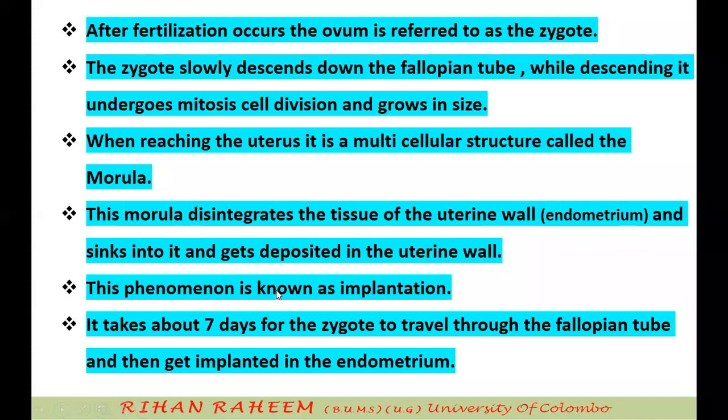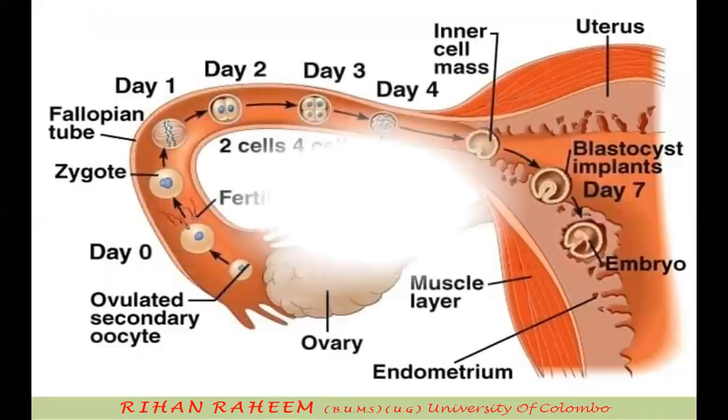This phenomenon is known as implantation. Fertilization, and after that implantation. It takes about 7 to 8 days for the zygote to travel through the fallopian tube and get implanted in the endometrium. With the picture, you will have a clear idea.